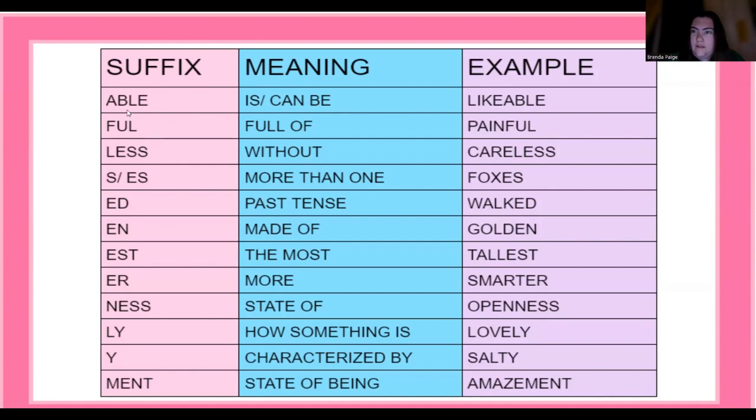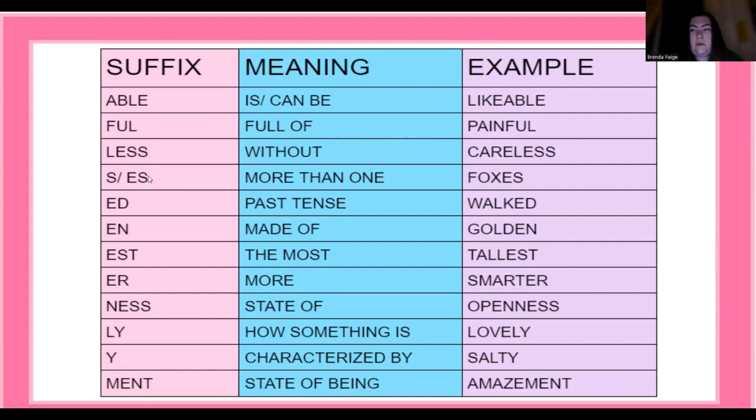This one, we already saw one of these. Full. Full of. So if something's helpful, then it's full of help. Or this one, painful. Full of pain, like shots. Less. This means without, like careless.